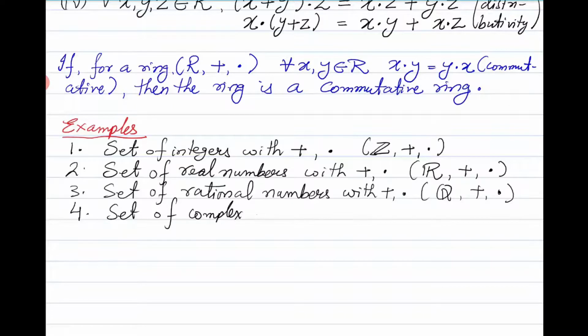Even the set of complex numbers under addition and multiplication is also a ring. Are these commutative rings? Basically, does commutation hold under the dot operation? The answer is yes. So all these four are commutative rings.